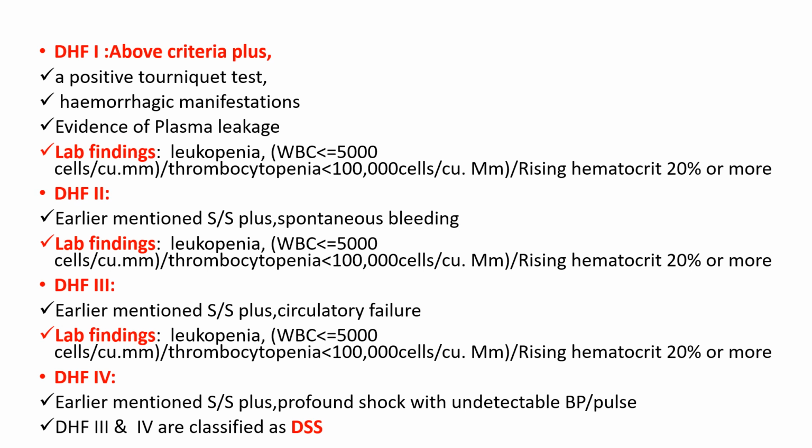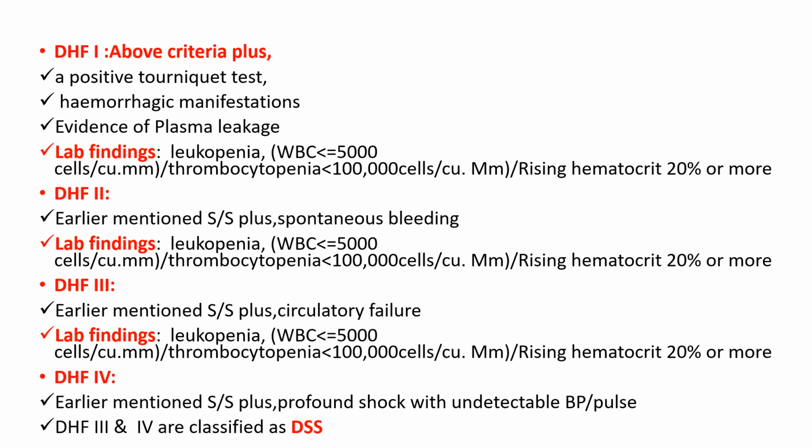In the initial days, dengue was labeled as asymptomatic cases and symptomatic cases, and the symptomatic cases were again classified into undifferentiated fever, dengue hemorrhagic fever, and dengue shock syndrome.